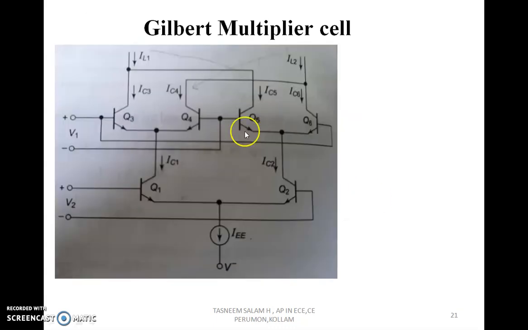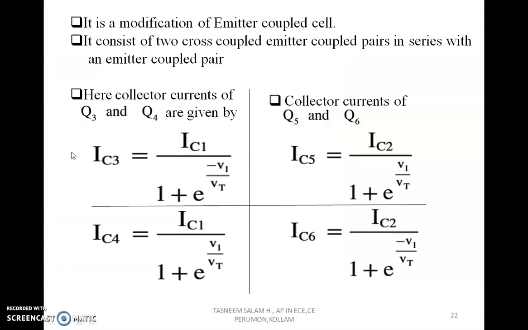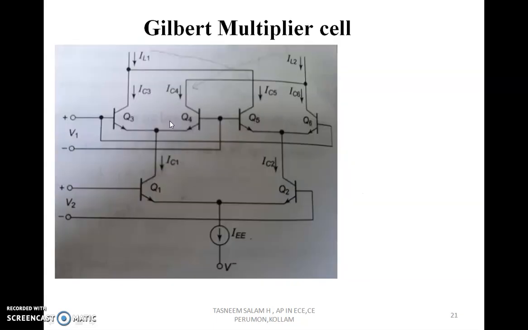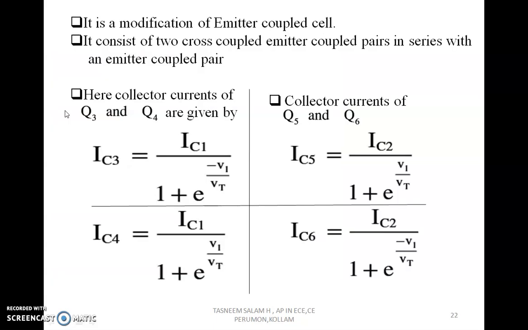So we see IC3 is equal to the current over here divided by 1 plus e raised to minus V1 by Vt. See, the current over here is IC1 divided by 1 plus e raised to minus V1 by Vt.